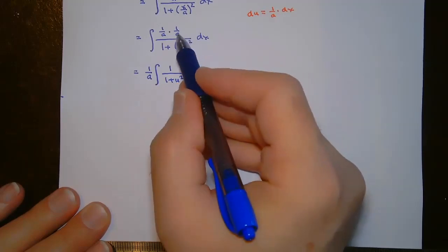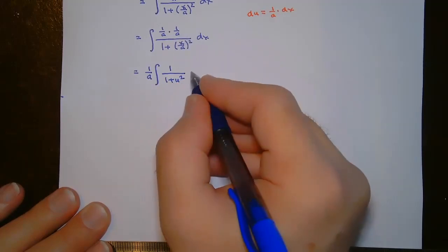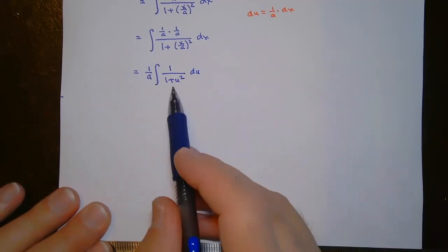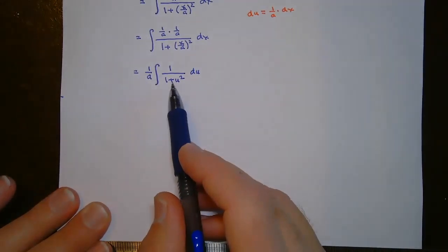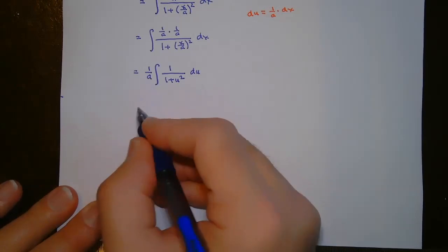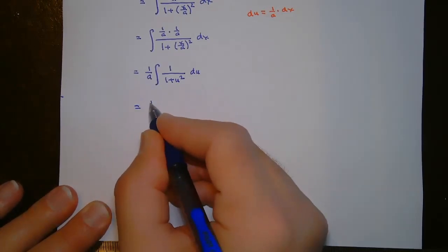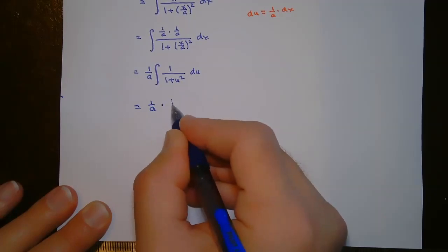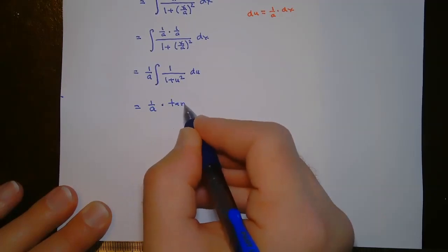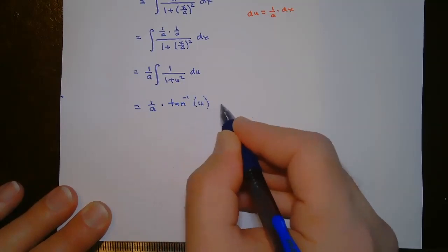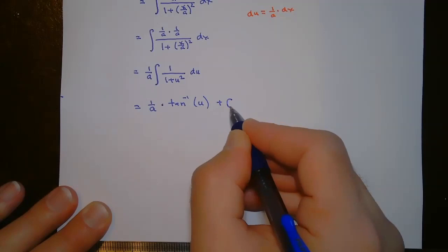And this 1 over a and this dx makes my du. And now we can recognize it. This is the antiderivative of arctan, but instead of the x, we have u, right? Okay, so this becomes 1 over a times tan inverse, or arctan, tan inverse of u plus some constant c.